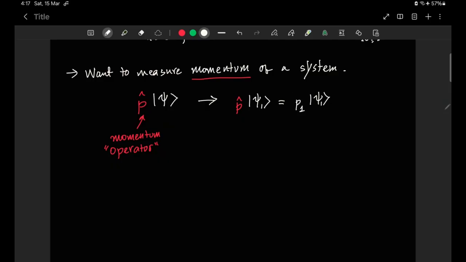Okay, and this is the momentum value of the system after we measure it, or if we choose to measure it.